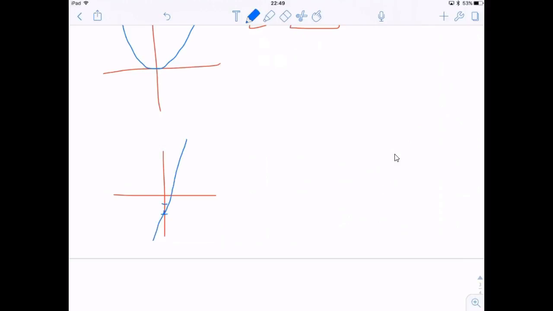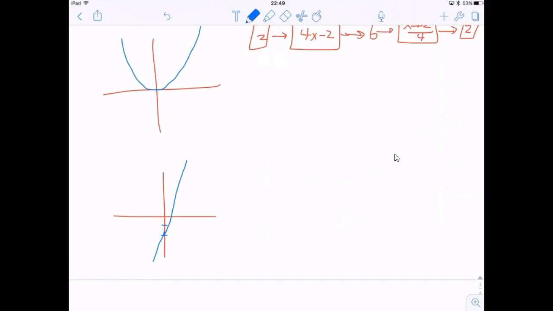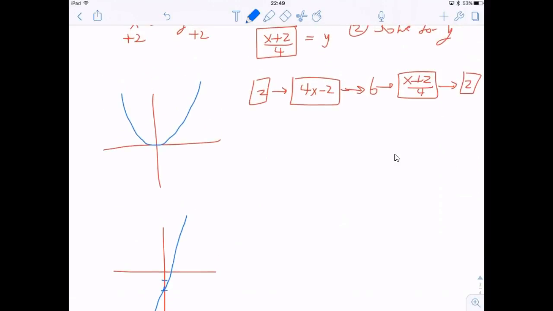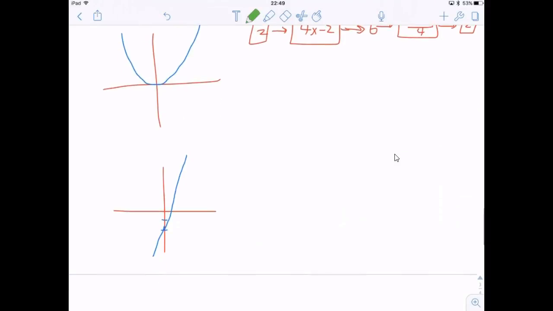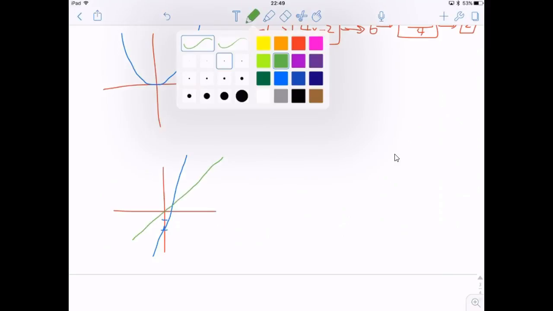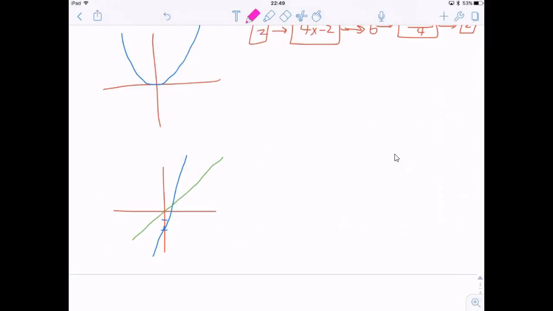Now, the inverse function is actually a reflection about the line y equals x. We just did reflections, right? If you take the blue line and reflect it about the green line and get a pink line, which looks kind of like that, you have found the reflection, or the inverse function, of the blue line.